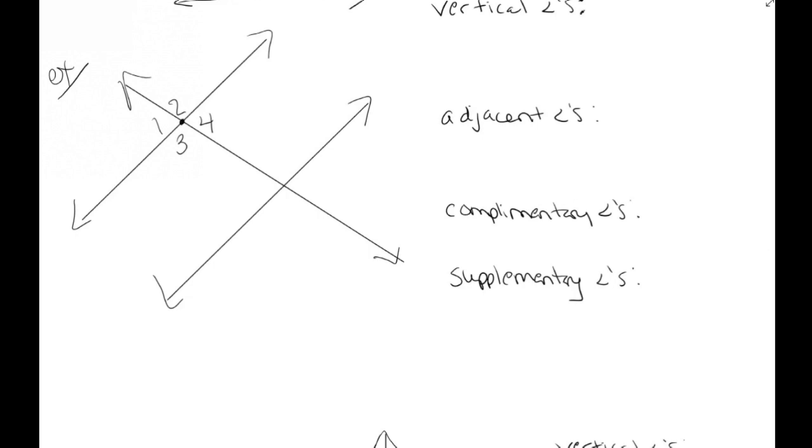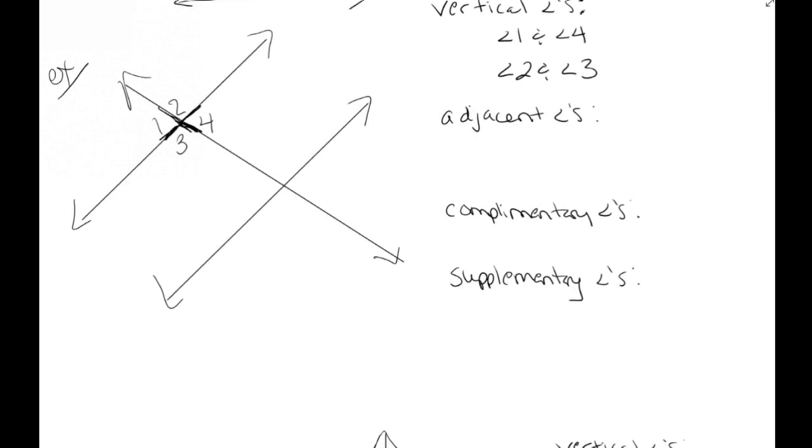Here's a vertex, and here would be opposite rays. So angles 1 and 4 are vertical angles. Similarly, looking up and down, angles 2 and 3 are also vertical angles.